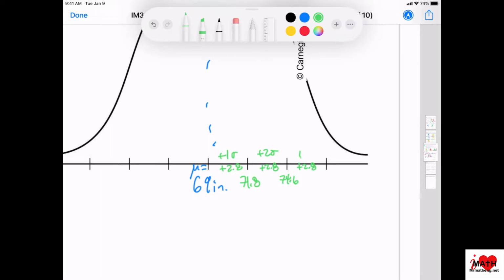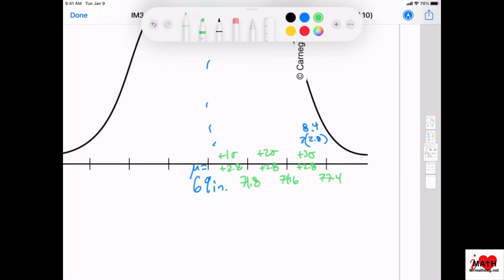Or 3 standard deviations, again, the math behind that is 3 times 2.8, which would give you 8.4. So 8.4 plus 69 would give you 77.4.